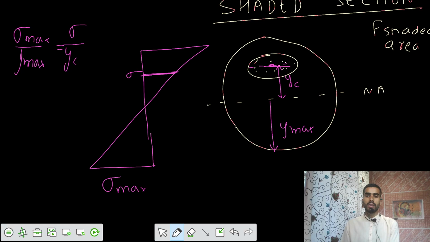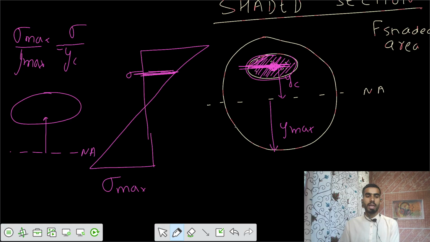That's an approximation: for the entire shaded area, we take the stress value only at the centroidal value of that particular shaded area. Actually, we should take a strip. Let's say this was your shaded area. We should go from the neutral axis to some value of y, then take some strip dy, and integrate it from y1 to y2.